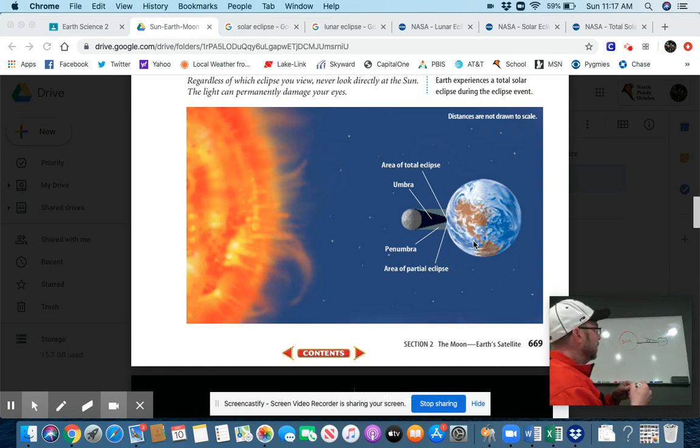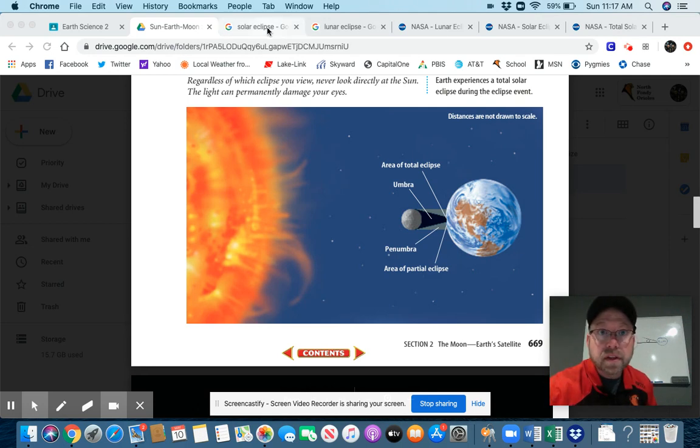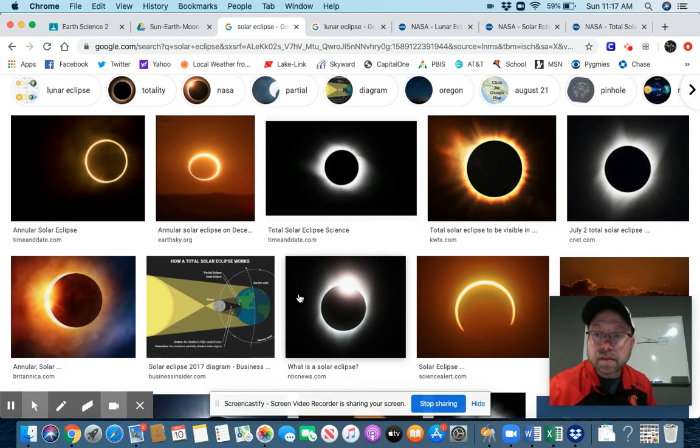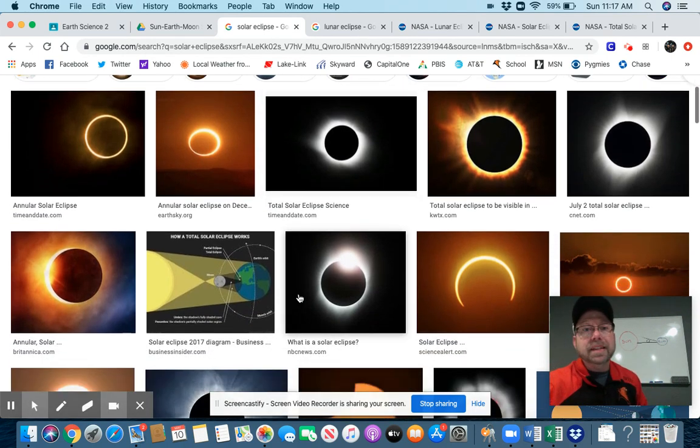All right. If you were located in this shadow, the darkest part of the shadow, which is called the umbra, when you look up in the sky, the moon is directly between you and the sun, and you would see a solar eclipse. Here's some pictures. Check them out. How cool would that be to look up in the sky and see that?